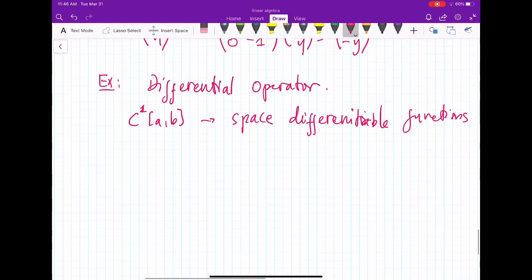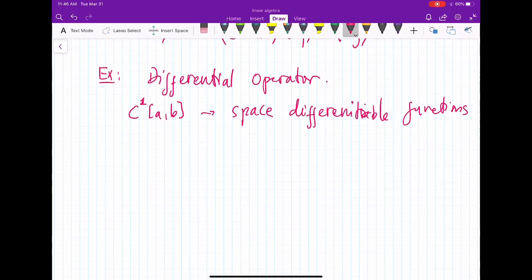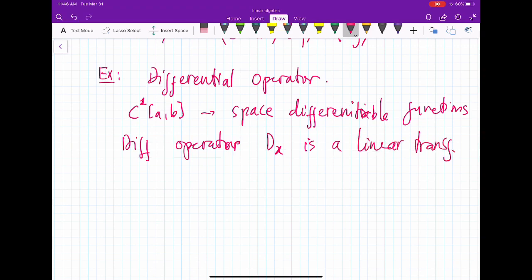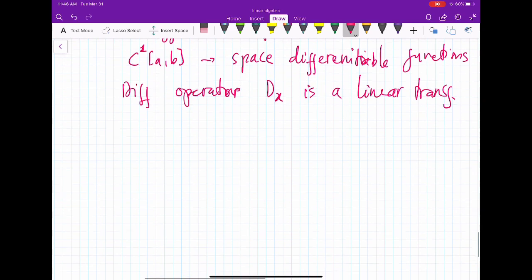Okay? Let's show that the differential operator D, the operator d/dx, is a linear transformation. So we have Df. What's that? That's d/dx of f, right? Or that is just the derivative of f.